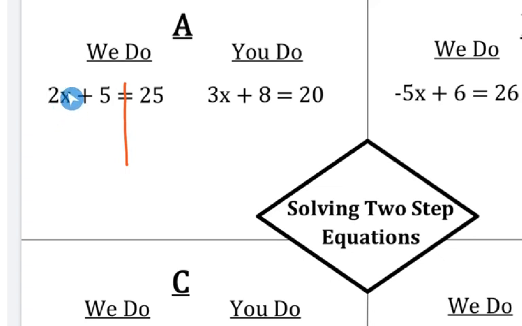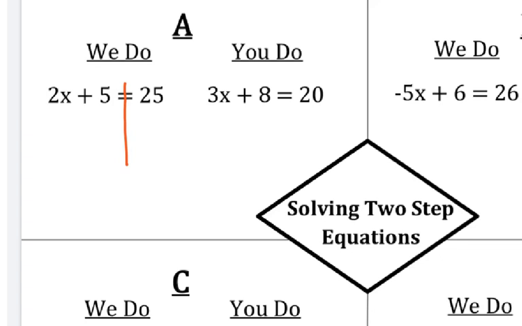So in this question, we are trying to get this x by itself on this side of the equation. So to get x alone, there is a 5 in its way, and there's a 2 in its way. So the first step is always to undo the addition or subtraction. We're going to move the constant to the other side of the equation.